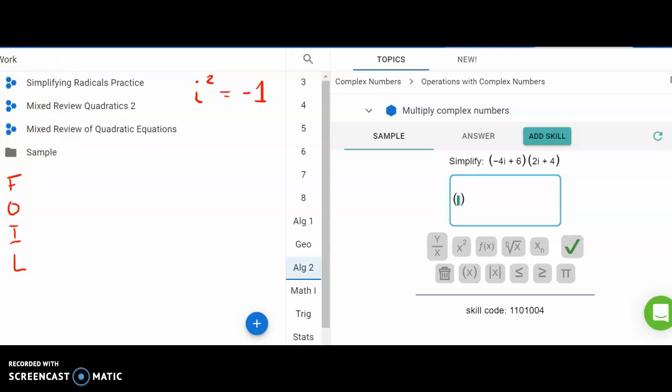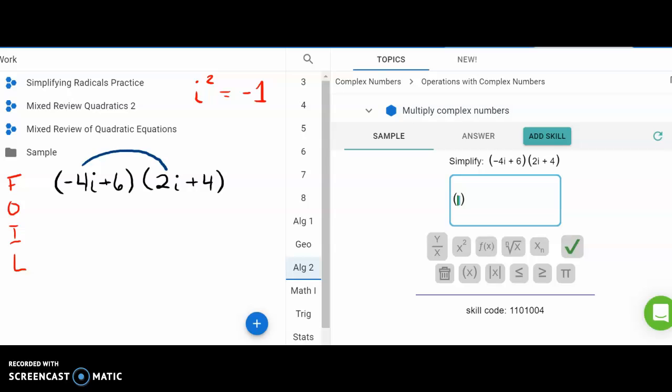So if we wrote the equation, in this case, this is -4i plus 6, 2i plus 4, right? If we use FOIL, we're first going to multiply the fronts.